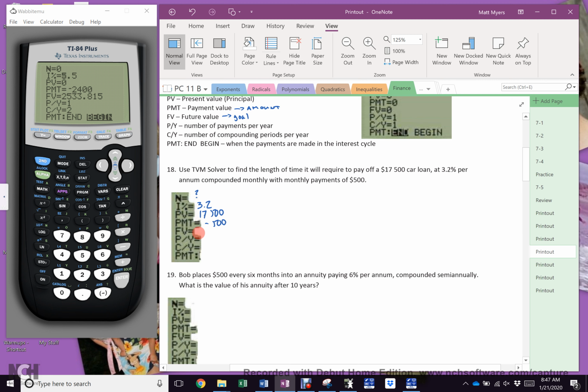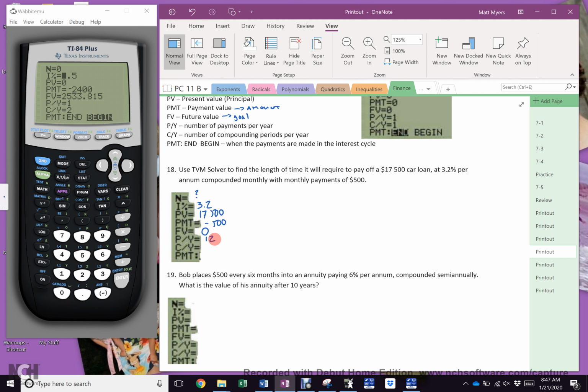What's our future value going to be? What are we trying to get to? 0. How many payments a year? 12. How many compounds a year? They're going to compound my interest monthly.